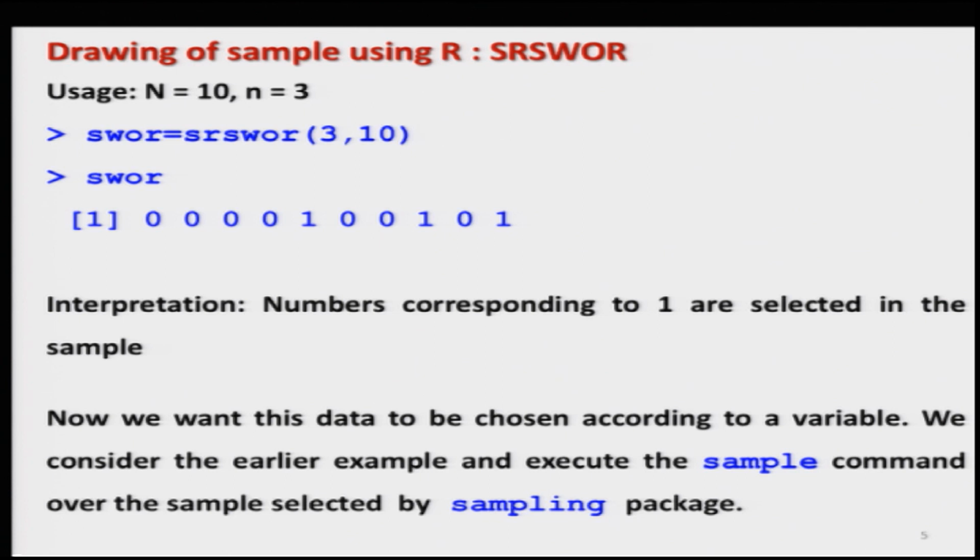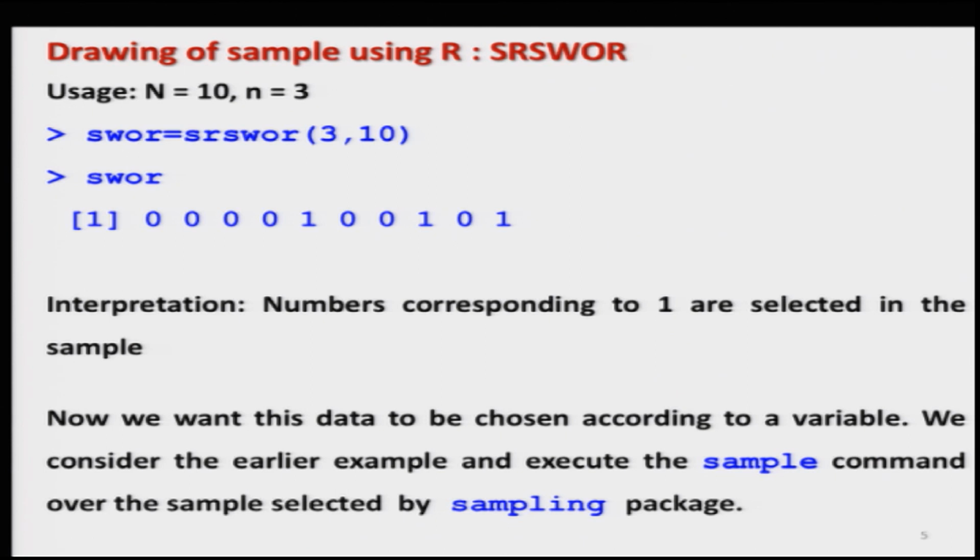I am not doing it right now because if I use this command in the R console, the outcome is going to be different from what we are looking at on the screen, and in further slides we are going to use this outcome. So I will explain keeping this outcome fixed, and later on I can explain on the R console that if the outcome changes, everything changes accordingly.